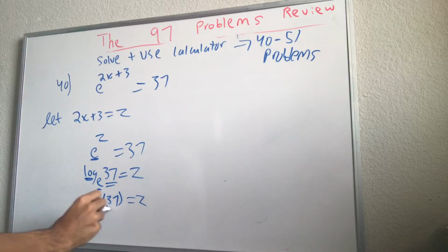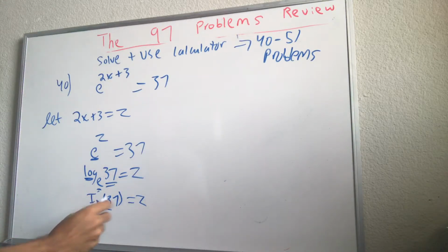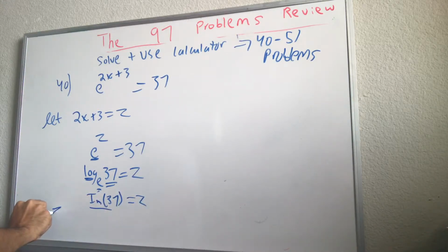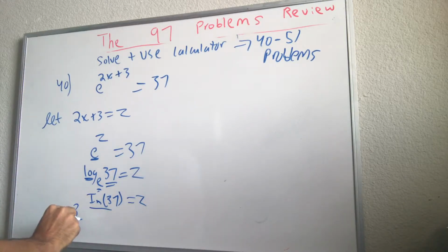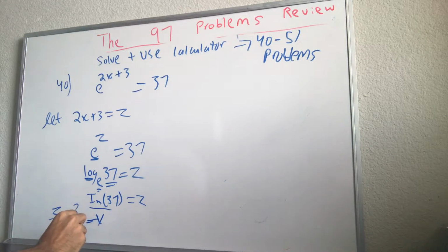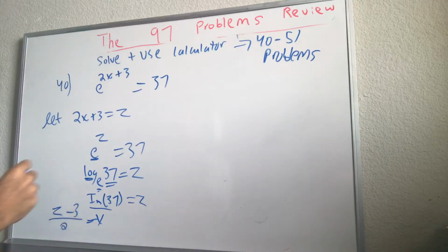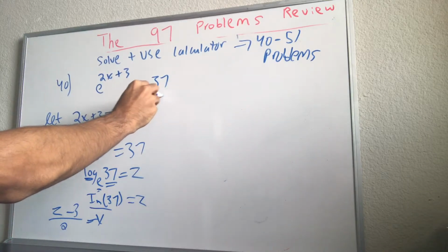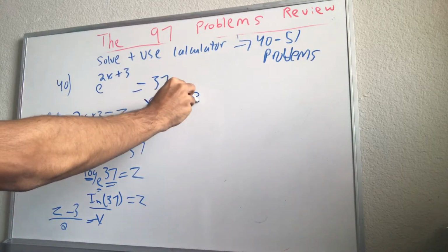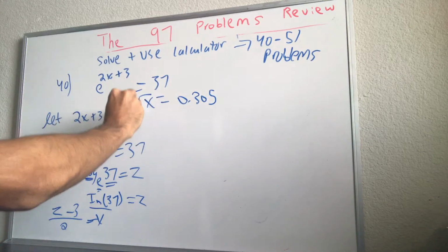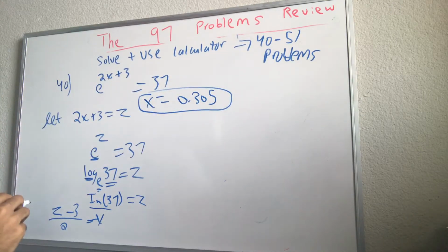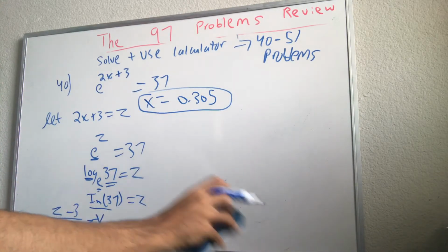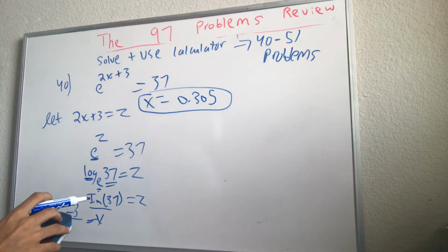So once you get ln of 37 is equal to z, you're just going to do z, whatever value you get, minus 3, divided by 2 to determine the value of x. Once you plug in the values into your calculator, you should get the value of x being 0.305 rounded to 3 decimal places. So that's question number 40. x is equal to 0.305.